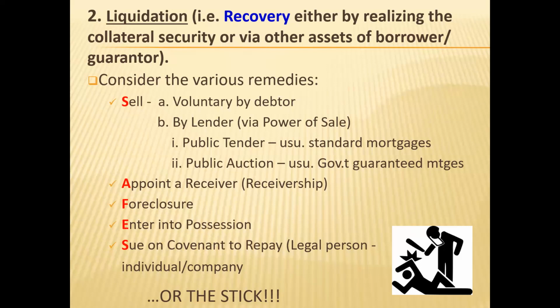Okay. Then there's enter into possession. Okay. But first of all, the bank must exercise its power of sale and to sell. Okay, that's option B, by lender, by power of sale. So what you'll find is the bank will probably go to the courts to get their power of sale effected by the courts, and also they will ask for vacant possession at the same time.